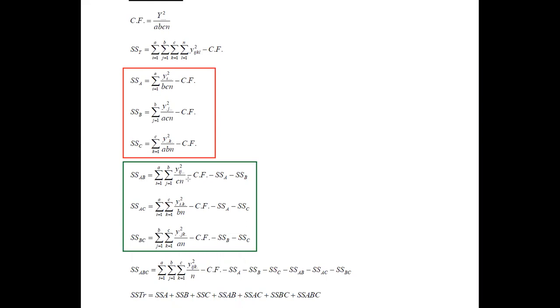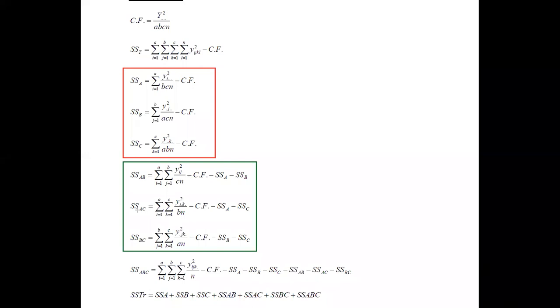Then subtract the correction factor, as well as the main effects, because now you are going to identify the interaction. Therefore, to identify the interaction of A and B, you have to subtract the main effect of A as well as the main effect of B from this quantity.